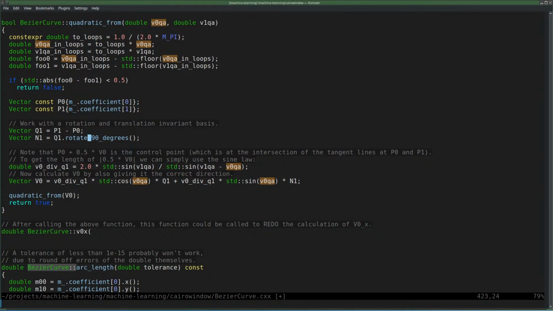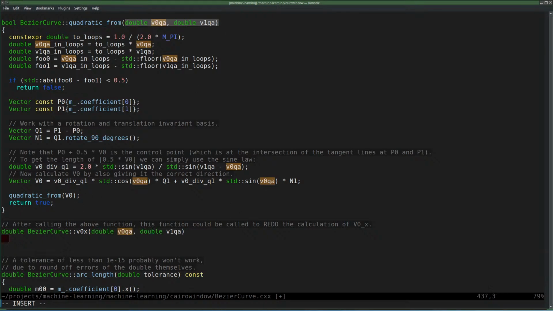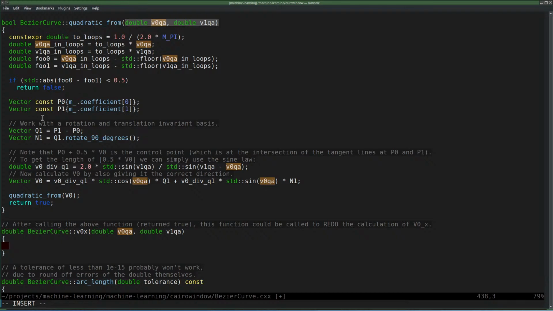And it takes the same angles. So I need to redo this if I want to calculate that. I'm going to need it.